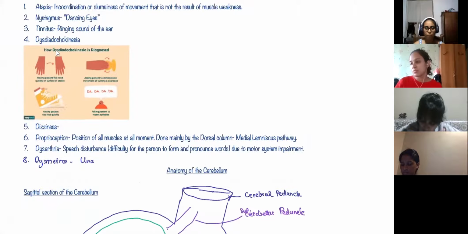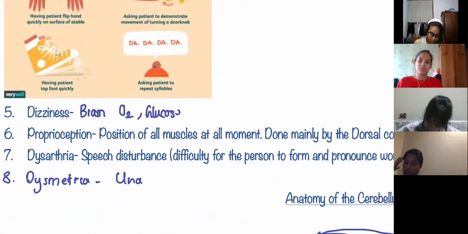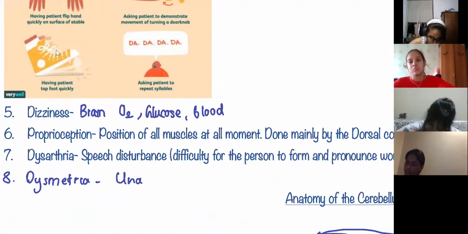Dizziness is because our brain is not getting enough oxygen, glucose, or blood. What is this going to cause? A 3-word thing: transient ischemic attack.